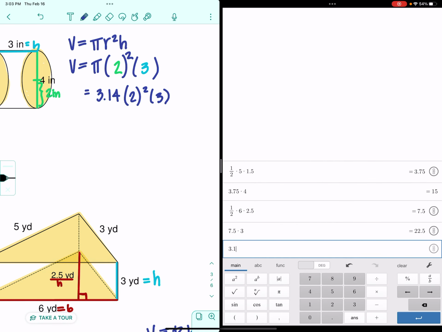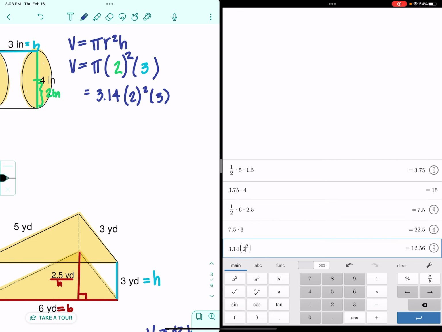So 3.14 times 2 squared. Let me go back and put parentheses there so it looks like what I wrote. Times 3. So that gives me 37.68.